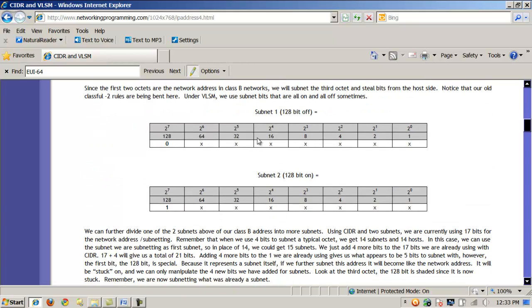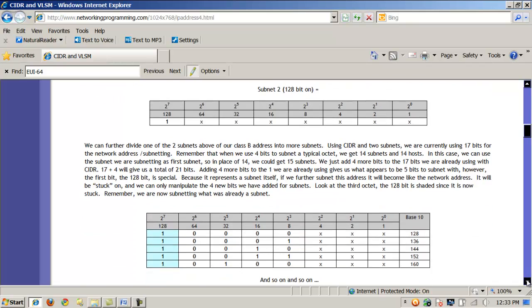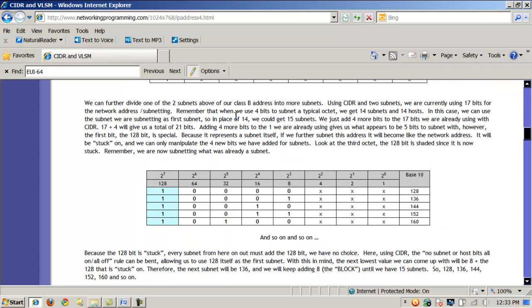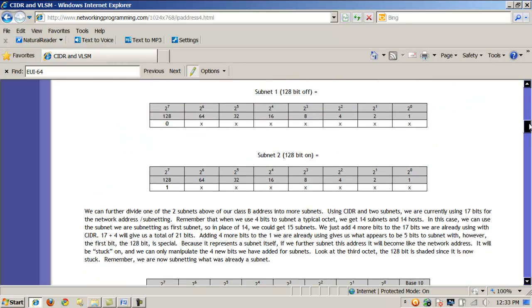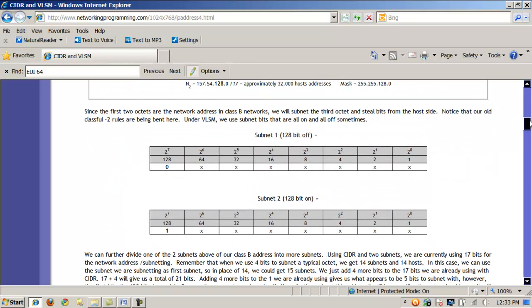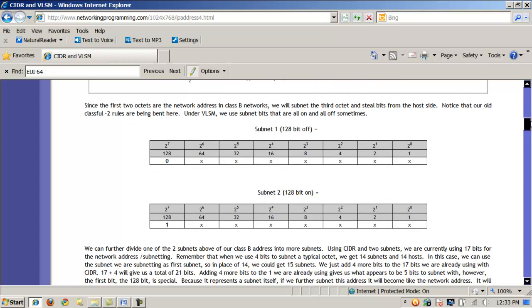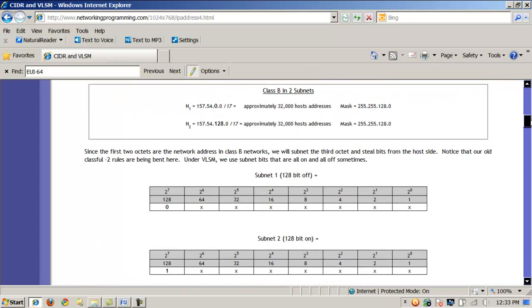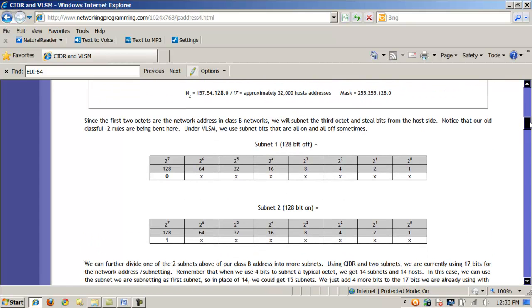And if we were to look at that in a byte table, again, here's how it would look: bit turned off, bit turned on. Now that's still a pretty large broadcast domain, and most organizations are probably going to have subnets that are smaller than that to contain the broadcast traffic.